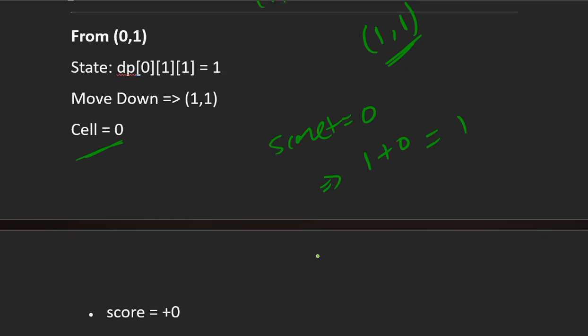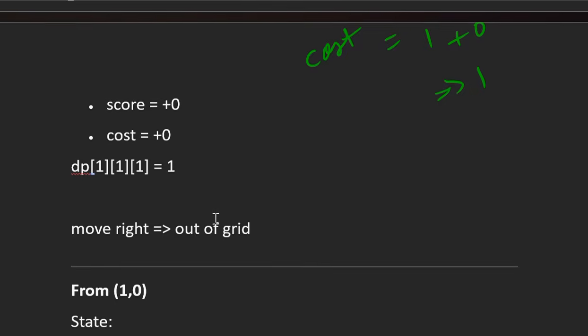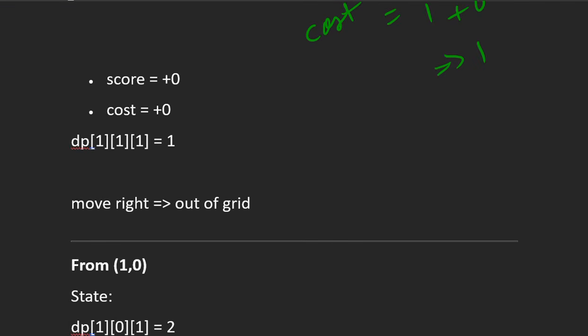And cost will also be increased by 0. Our cost was 1, so 1 plus 0 will be 1, right? So we get dp of 1 comma 1 with cost 1. With cost 1 the score is 1, right?